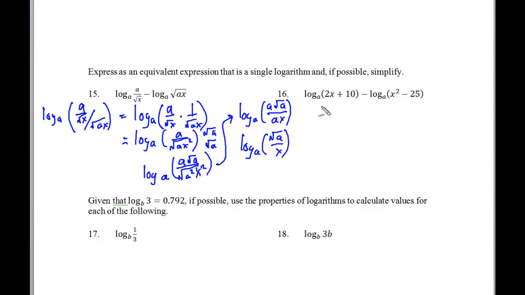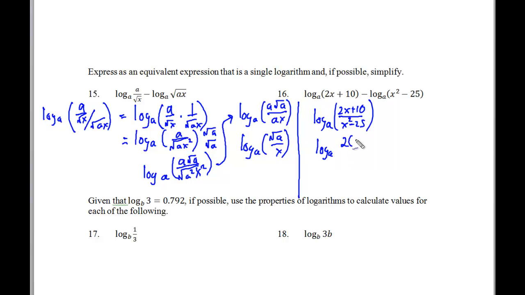So if we're looking at problem 16, we're going to combine this into another quotient. So this is going to be, let me just put a little line here so we know these are separate. Log base a of, now since this is a quotient, we're going to put these above each other. 2x plus 10 divided by x squared minus 25. But these are factorable. In fact, the numerator can be factored as well as the denominator.